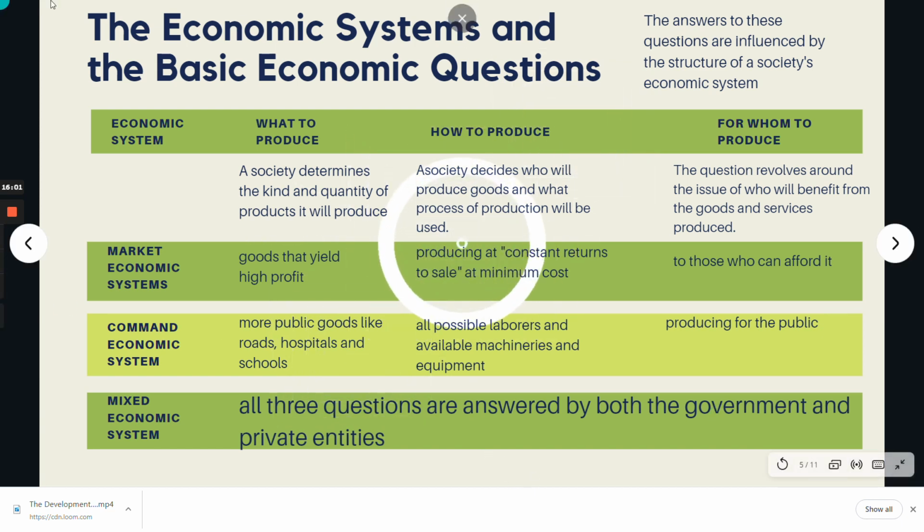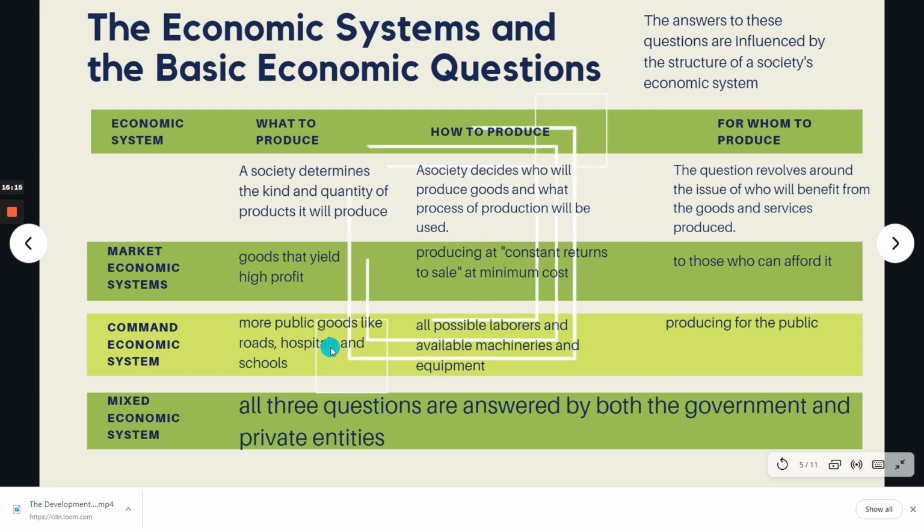Pag command economic system, meaning controlled ang economic system, dili siya free, dili siya independent. What to produce? More public goods dapat ang i-produce like roads, hospitals, and schools. So mao na siya, mo i-produce. How to produce? All possible laborers. So kinsay pwedeng mo trabaho and available machineries and equipment.